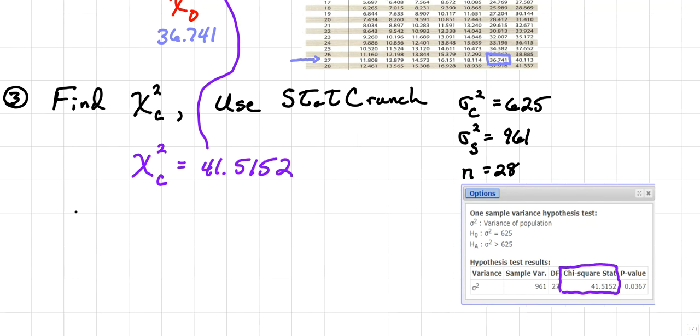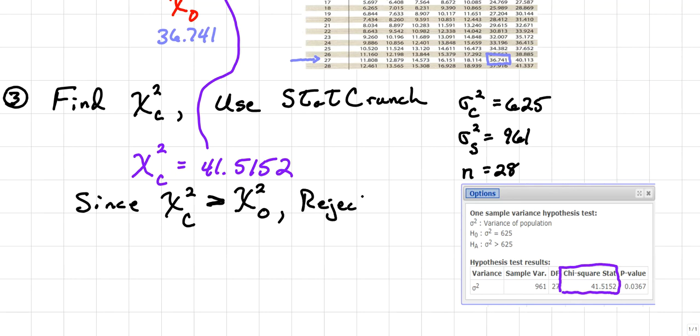So since the chi-squared value that we calculated is greater than the chi-squared value from the table, we can reject the null hypothesis.